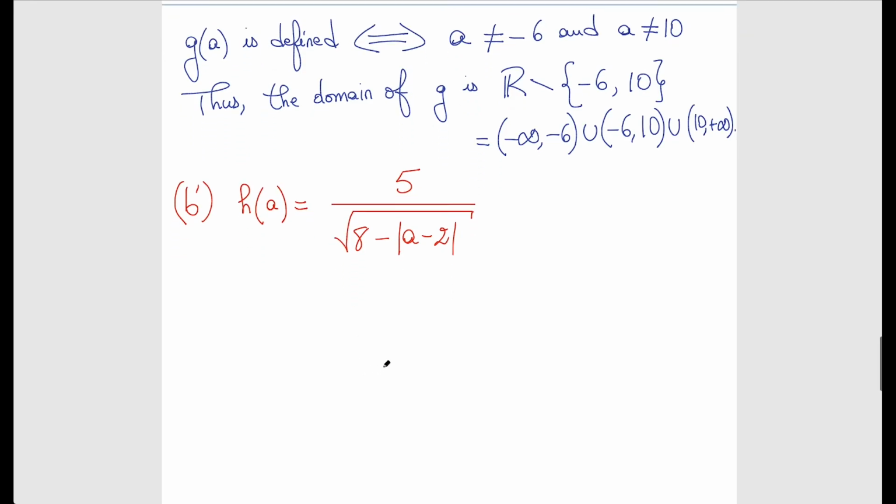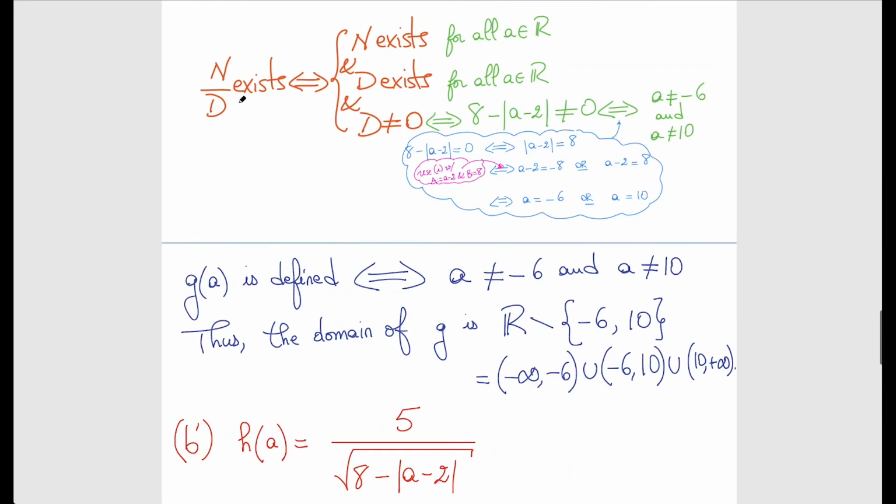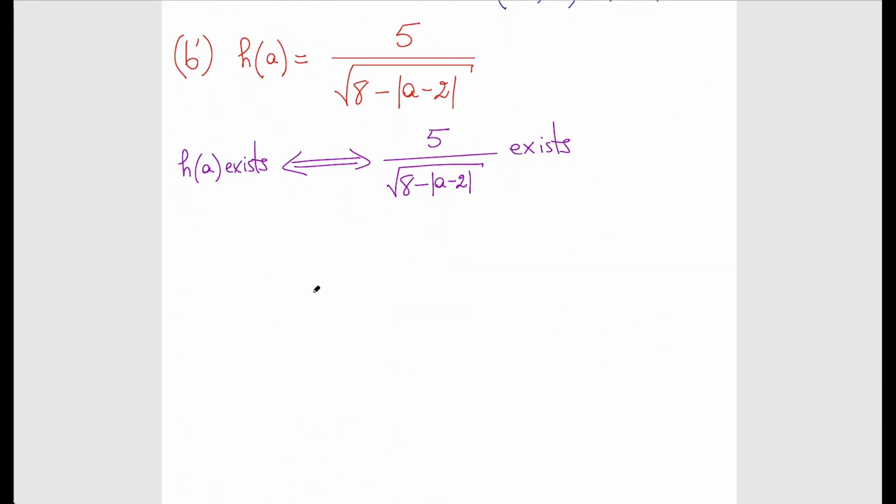So let's take our time to understand what happens here. h of a exists, same treatment as above, if and only if 5 divided by the square root of 8 minus the absolute value of a minus 2 exists, and this is a quotient, and again, a quotient exists if and only if these three conditions happen.